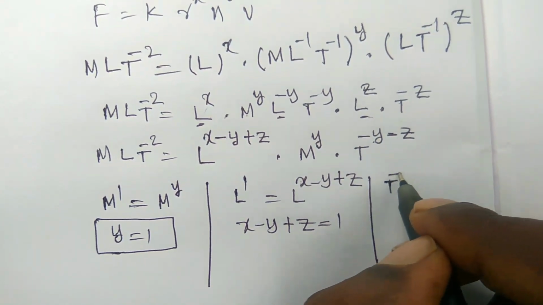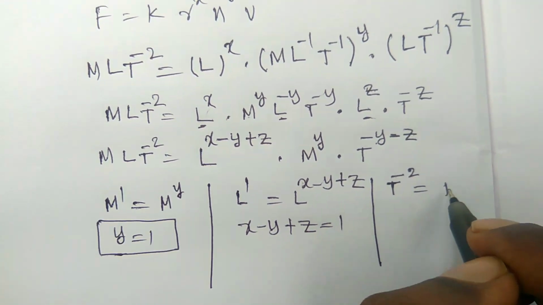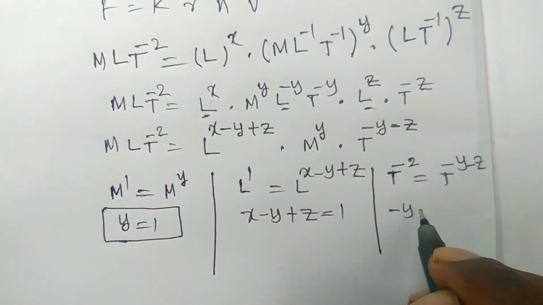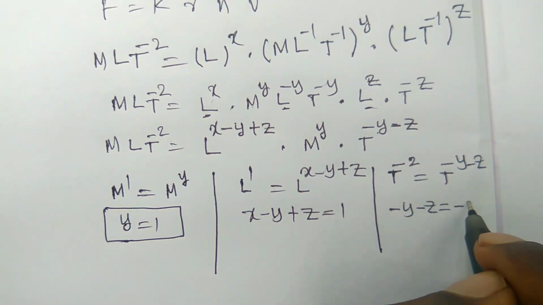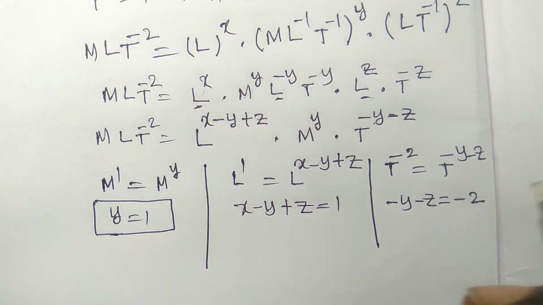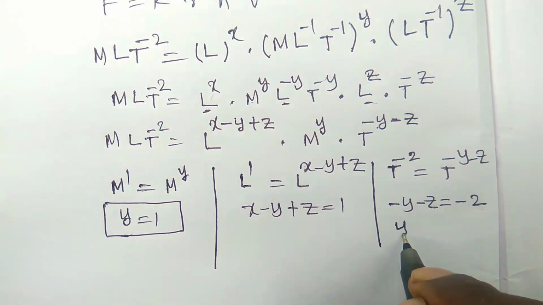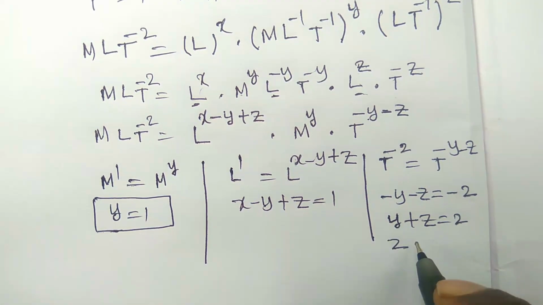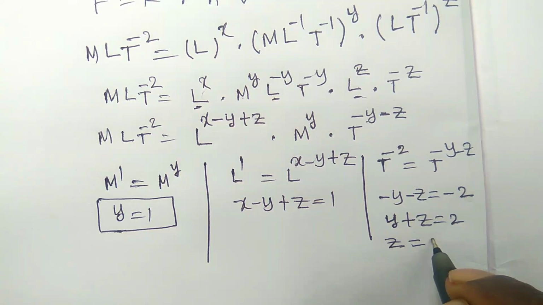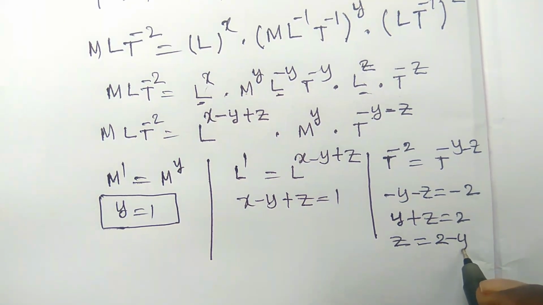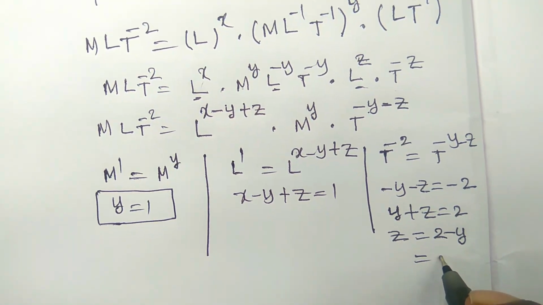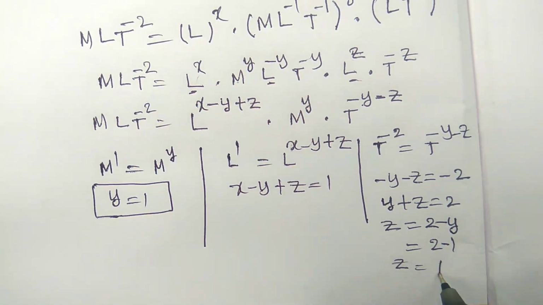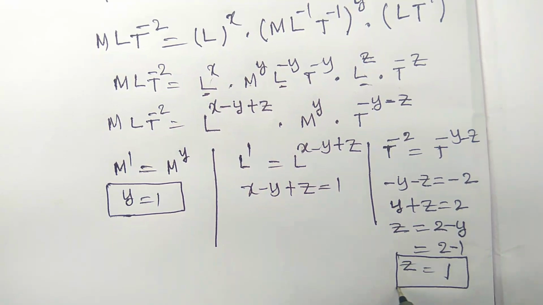T power minus 2 is equal to T power minus y minus z. So minus y minus z is equal to minus 2. You have to multiply it by minus. y plus z is equal to 2 and z is equal to 2 minus y. y is already 1. 2 minus 1, so z is equal to 1. So this is the z value we got.